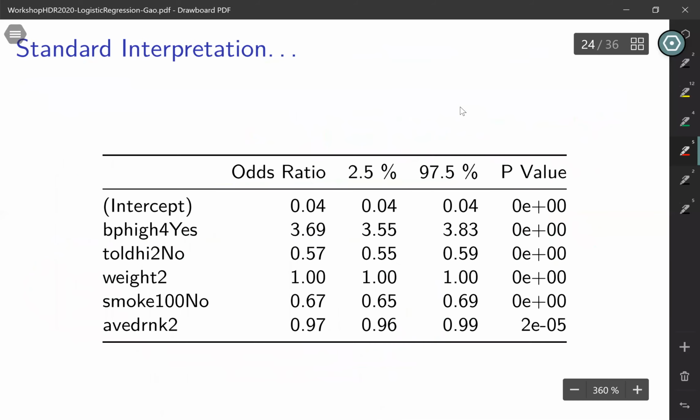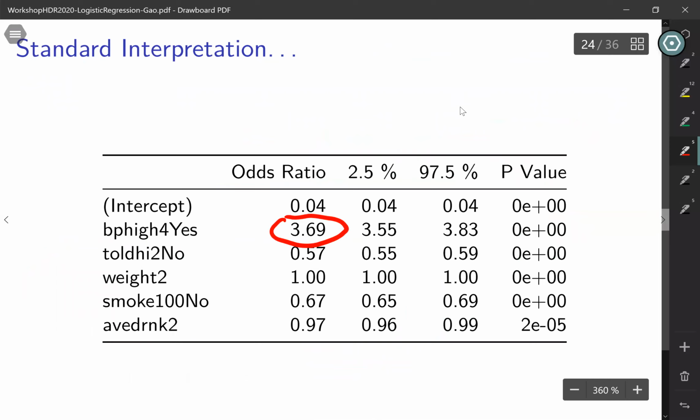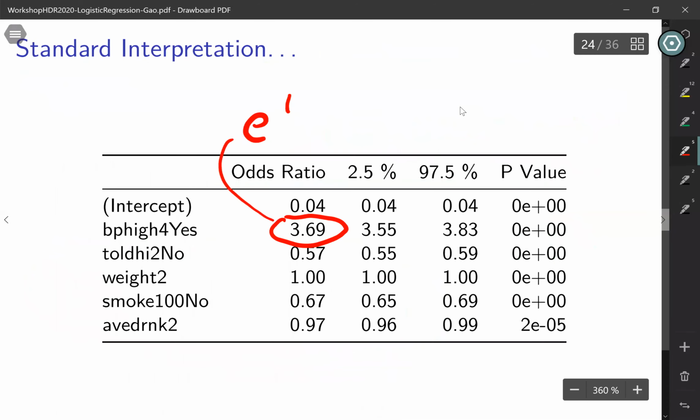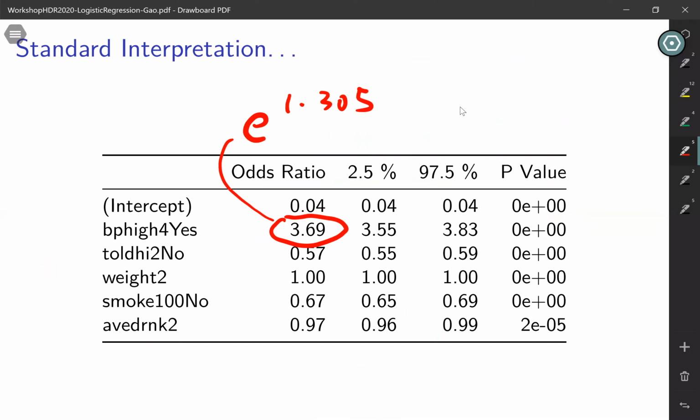The original number is 1.305, and now it turns into this number. Where does this number come from? You compute e to the power of the original number, 1.305. So this is how these numbers come about. You do the anti-logarithm.